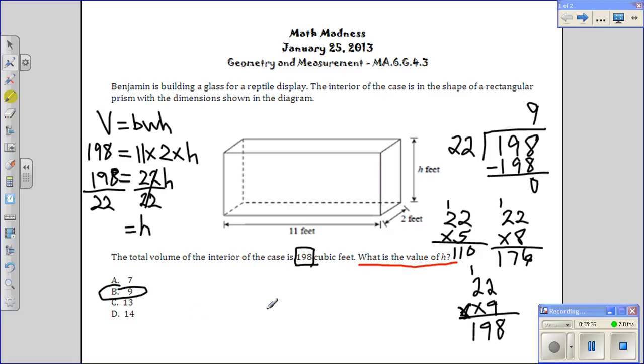And the last part of this is to put our answer in a complete sentence. Now, when you do that, you always use part of your question. So the question one more time says, what is the value of H?